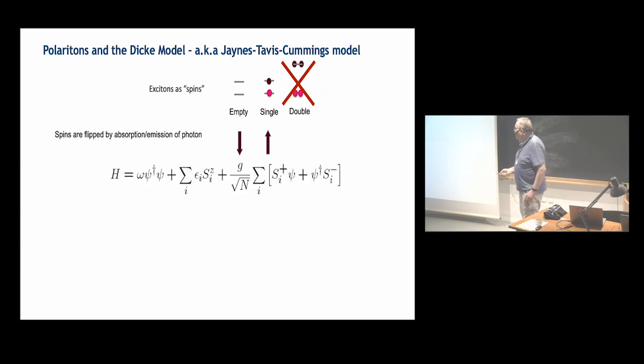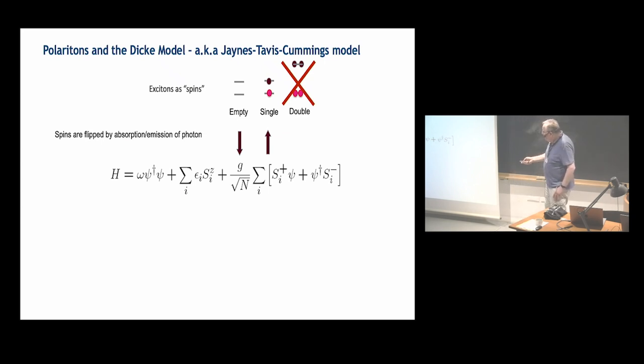Okay? So that produces a Hamiltonian, which I tend to call the Dicke model, but it's officially called the Jaynes-Tavis-Cummings model, that basically just has a photon in the cavity, an energy associated with the excitons, and there can be many of them, and then a coupling between the emission and raising of photons.